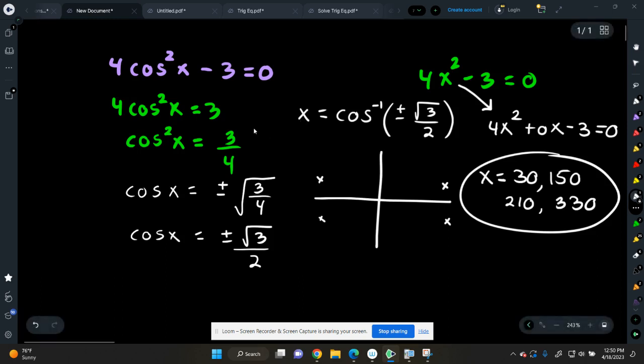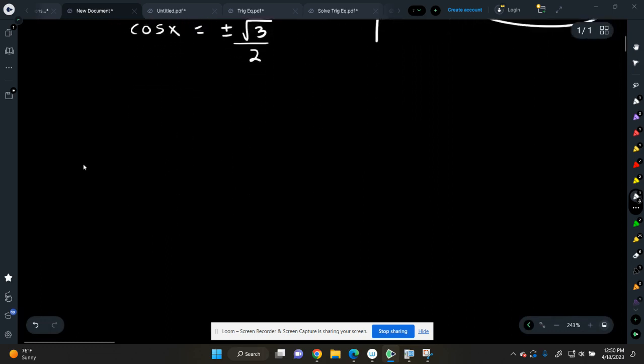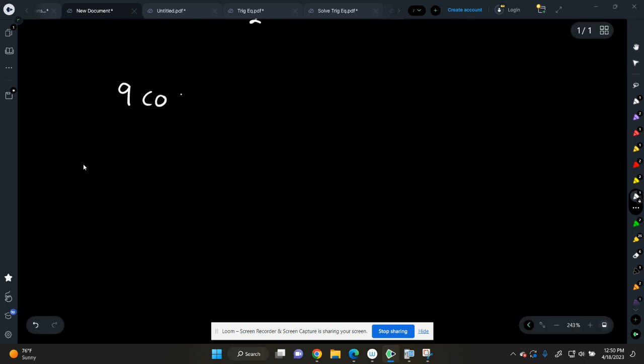Okay. I am going to look at this one. 9 cosine x plus 2 equals 3.